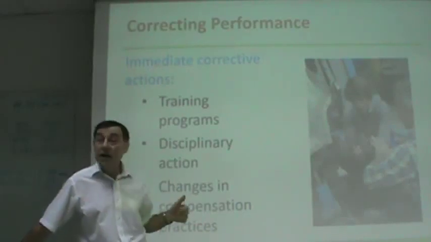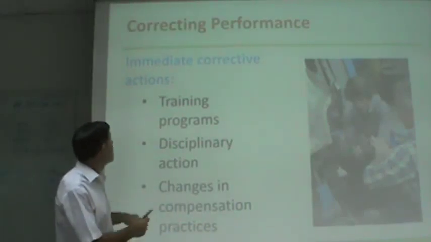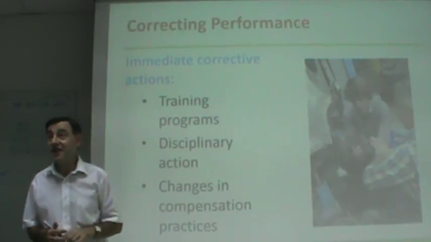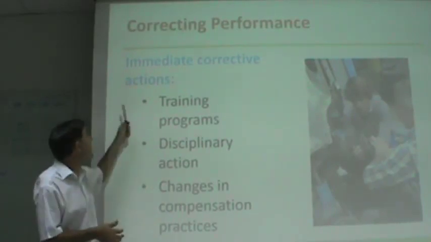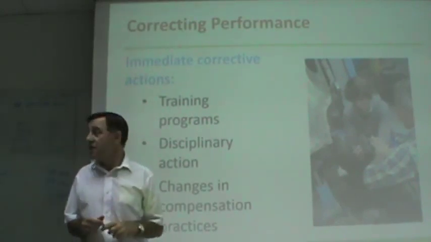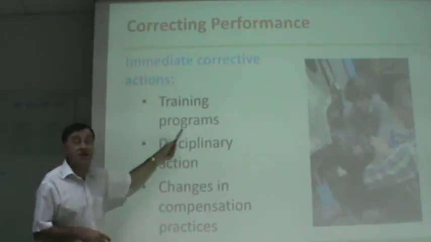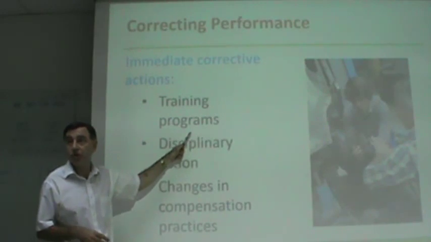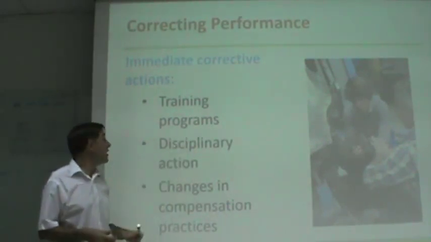All right, so from the last section, there was one slide, one point missing, which is about immediate corrective actions. Immediate corrective action number one is just a training program. You train them to do what they're supposed to do.